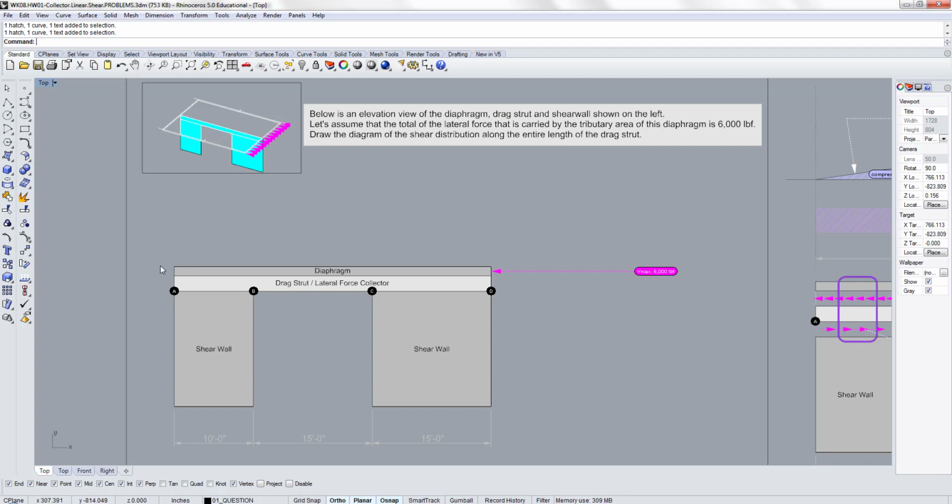Anyway, so we're really zooming into this drag strut part, and so what happens is on this beam, depending on where the lateral force hits, it's sometimes in compression, it's sometimes in tension. So that's why we need to reinforce this beam. So this beam actually needs to be able to take compression this way and tension this way.